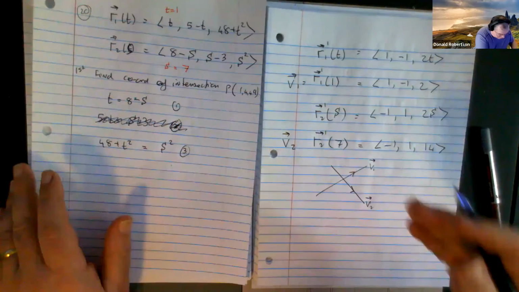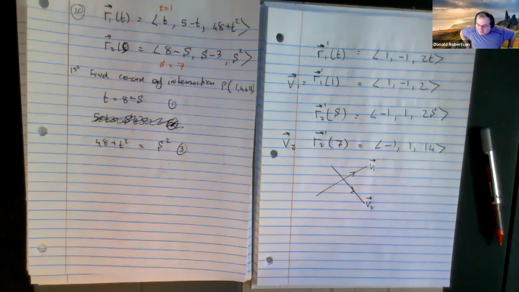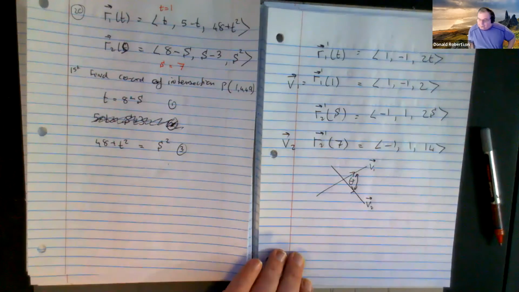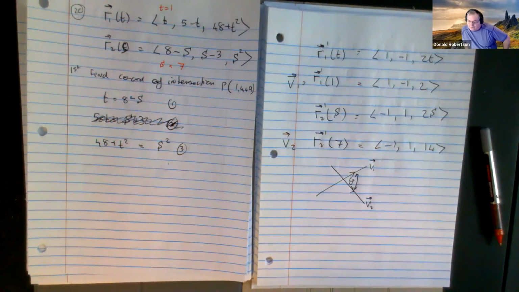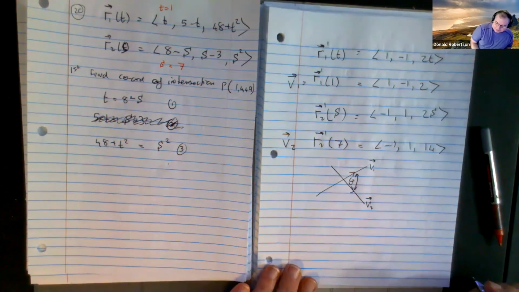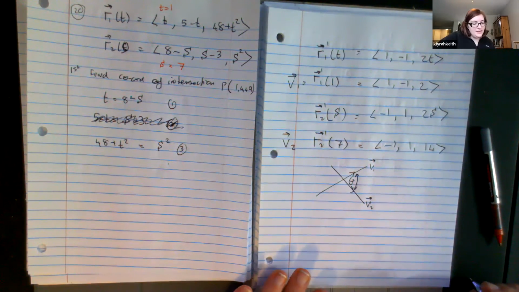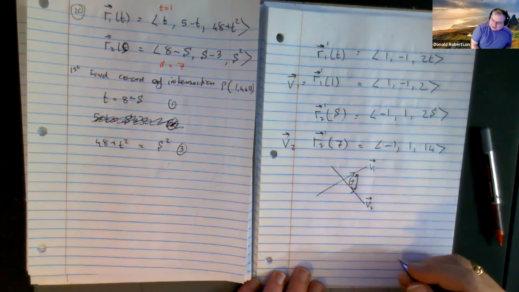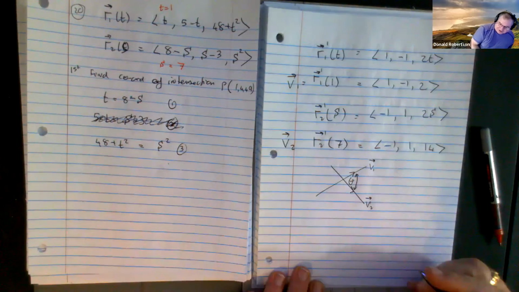Does anybody know a more proper name for the equation I am going to use to find angle theta? Isn't it the dot product equals the length of A, the length of B, cosine theta? It's the dot product, right? That's what I was after.